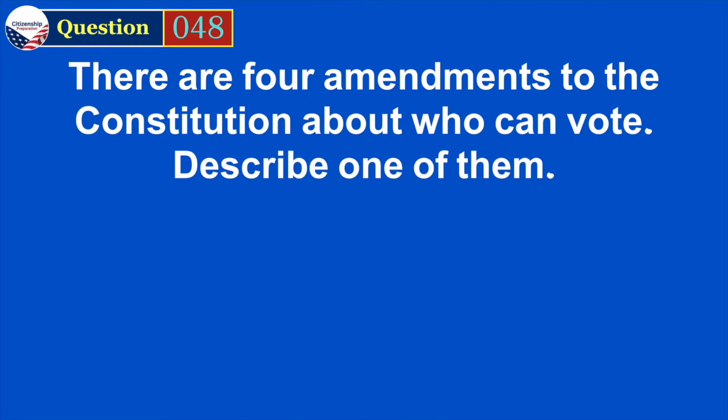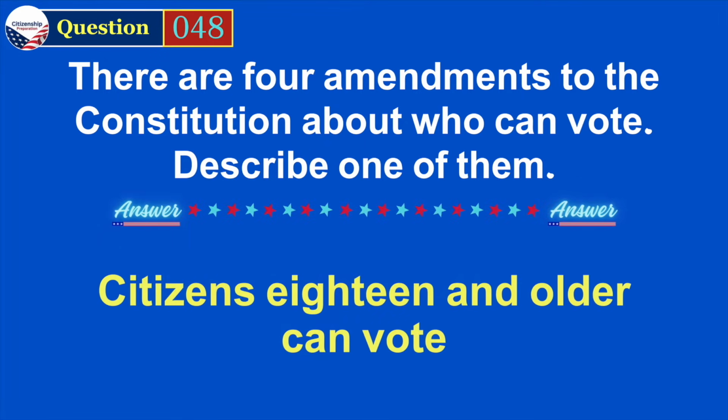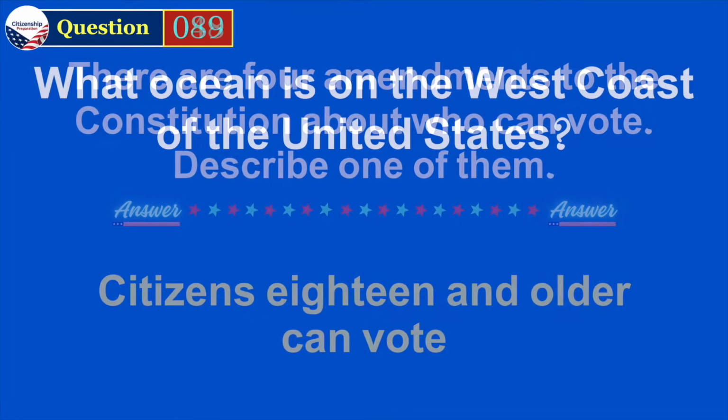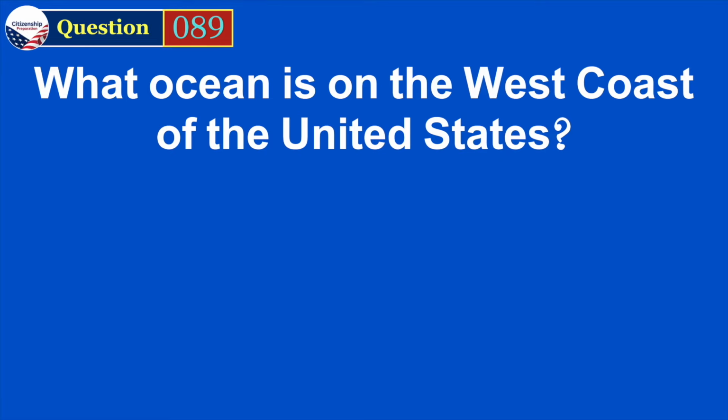There are 4 amendments to the Constitution about who can vote. Describe one of them. Citizens 18 and older can vote. What ocean is on the west coast of the United States?